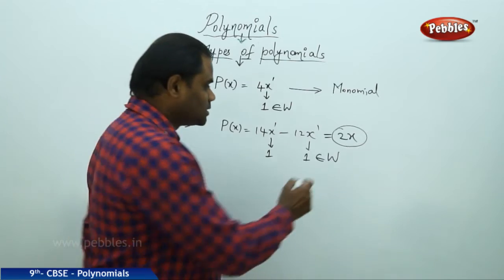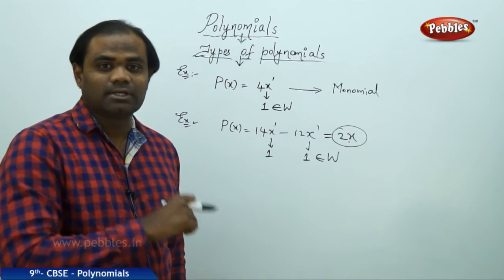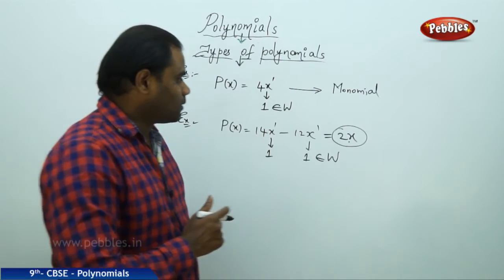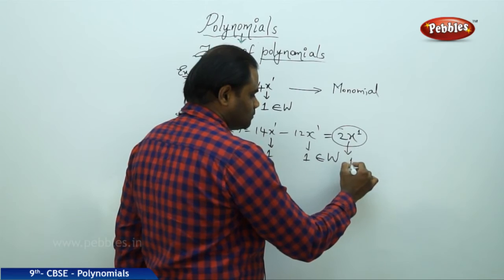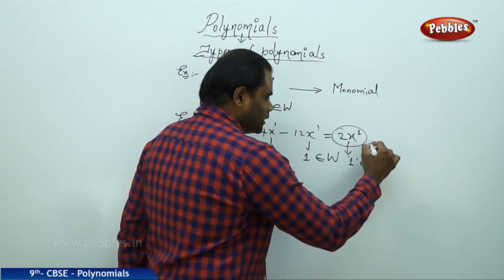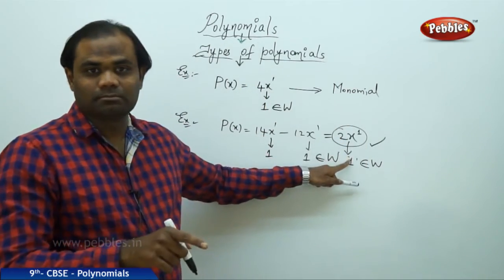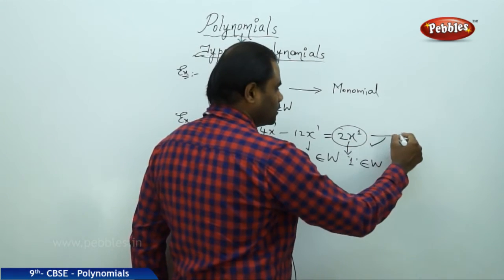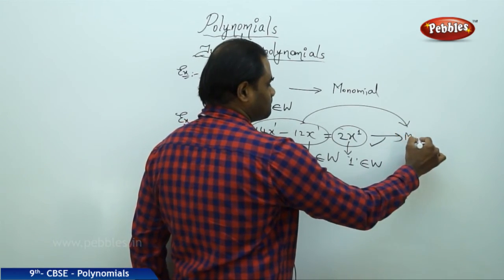So this is the actual polynomial which is intended to be decided on. Now here, the power of x is 1. It belongs to whole numbers. It's a polynomial, and it is a polynomial of one term, and therefore this polynomial is a monomial.